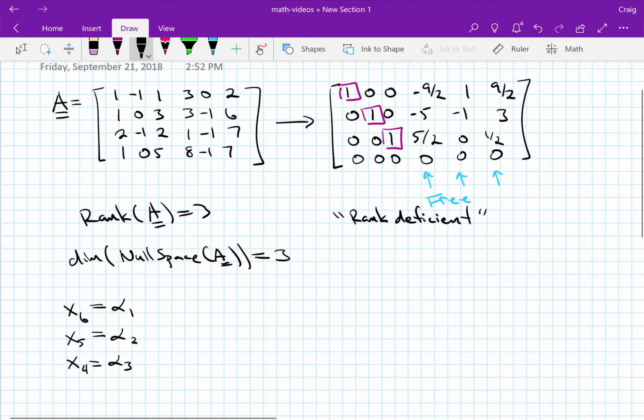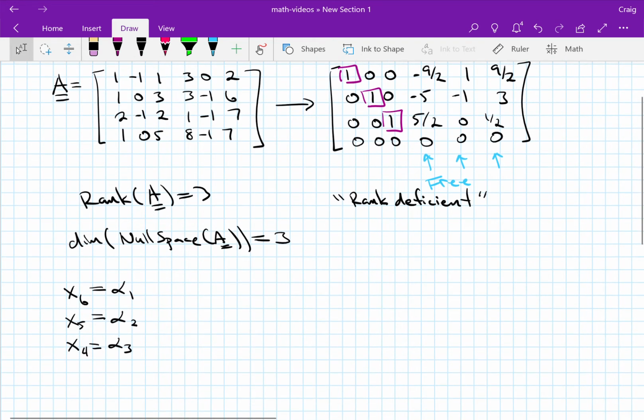Okay, now we have 3 more equations to determine x3, x2, and x1 in terms of alpha 1, alpha 2, and alpha 3. So our third equation says that x3 has to be equal to negative 5/2 alpha 3 plus 0 alpha 2 plus 1/2 alpha 1.